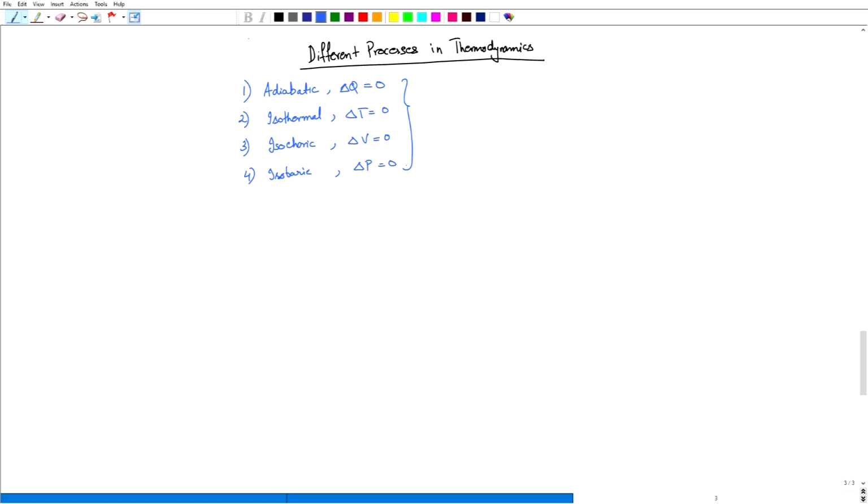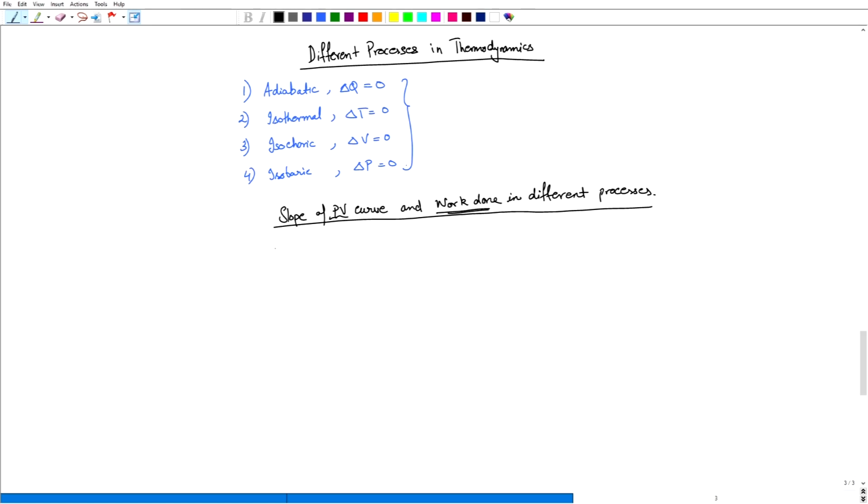Our aim is to find out the slope of a PV curve and work done in different processes, because some questions will come on how the slope is changing for a particular process, and then we need to derive the work done for different processes.